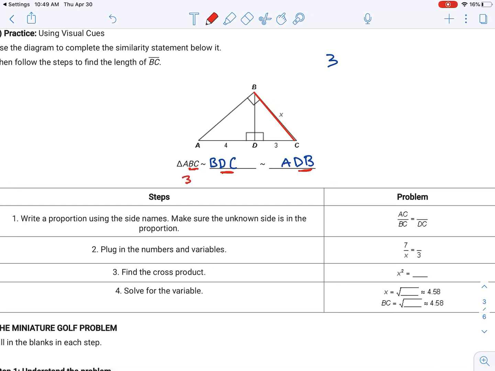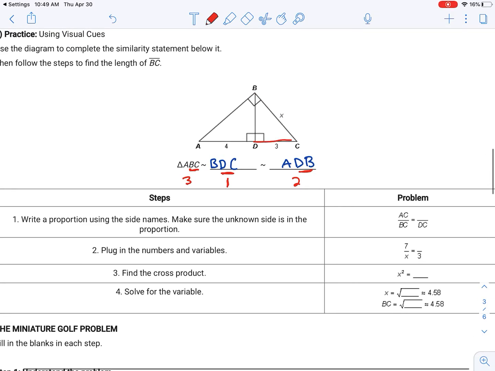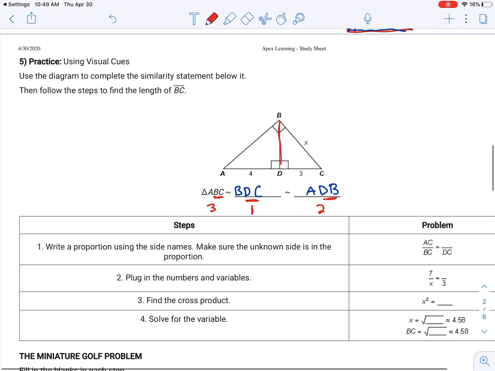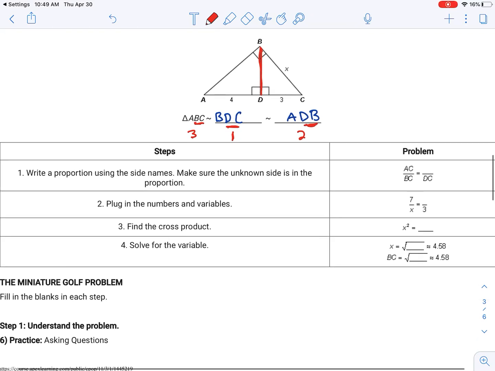Keep in mind, the big triangle we called 3, the little one was triangle 1, and this was 2. From triangle 1, is it true that DC is the short leg? Yes, it is. And for triangle 2, the one on the left, is DB the short leg? Because it's the last 2 letters, and it is, so we're good.